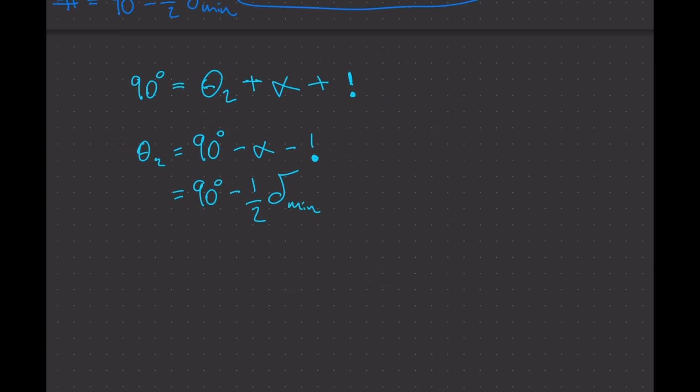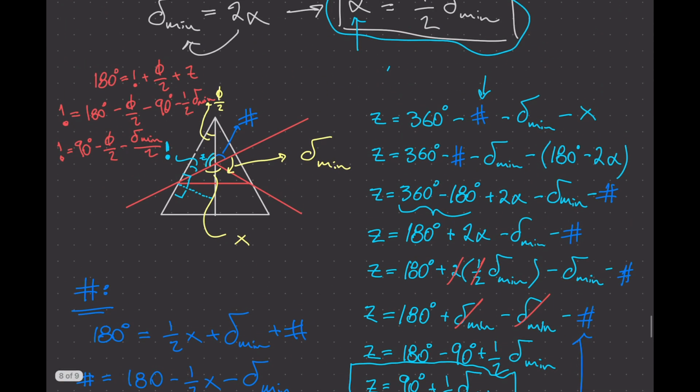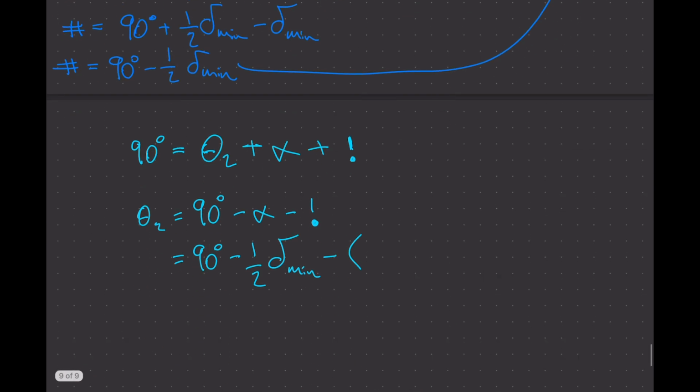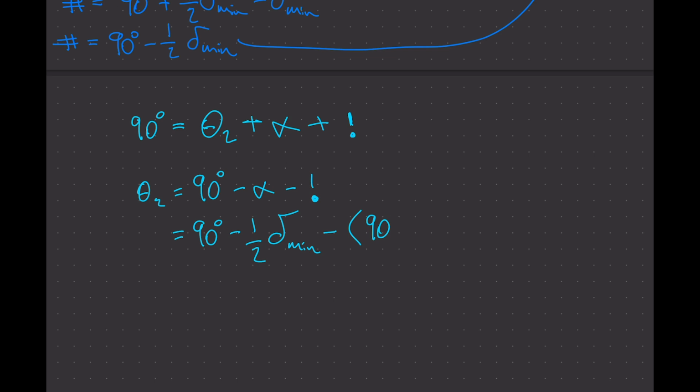I got a minus sign. Whoops, sorry about that. Let me fix this. Minus open bracket, plug in all of exclamation point, which I'm just double checking here is 90 minus phi over 2 minus delta min over 2. 90. We got minus phi over 2 minus delta min over 2.